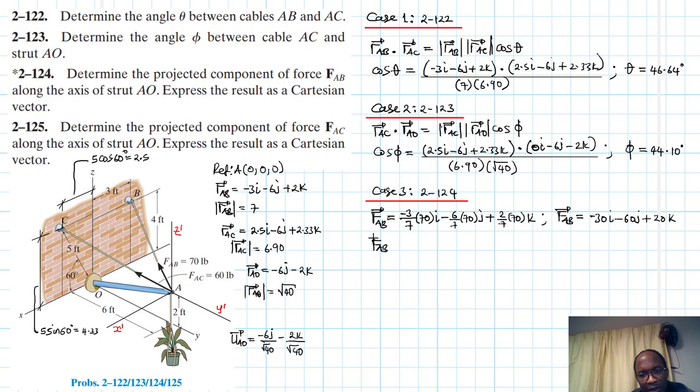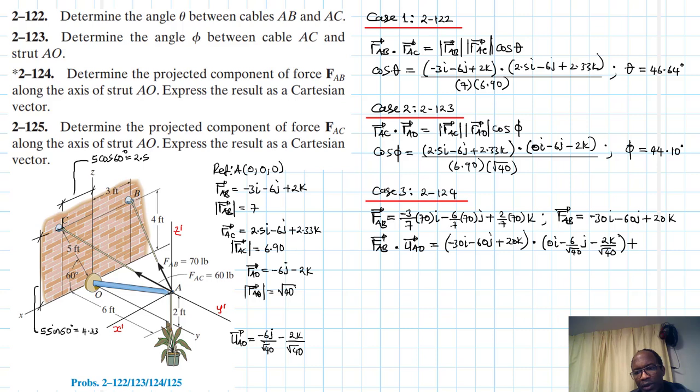So FAB dot the unit vector AO is going to be equal to minus 30i minus 60j plus 20k dot 0i minus 6 over root of 40 j minus 2 over root of 40 k, of course.